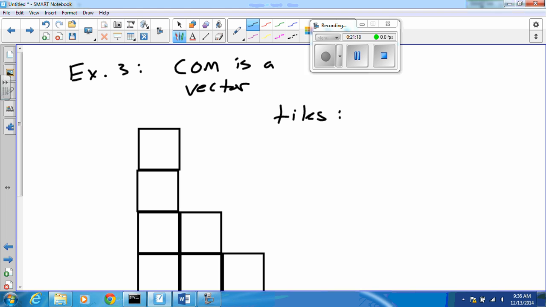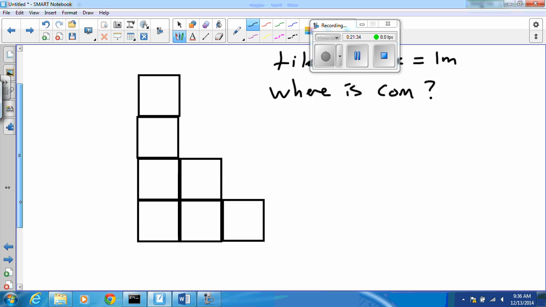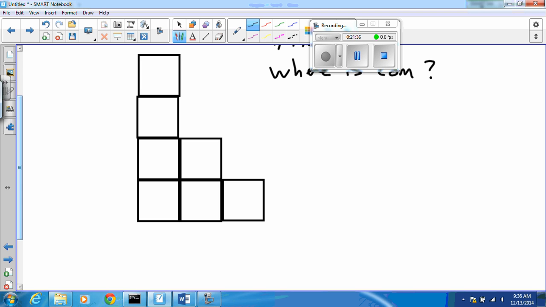And for simplicity, let's assume that each one of these tiles has a side of 1 meter. And now what we want to know is, where is the center of mass?